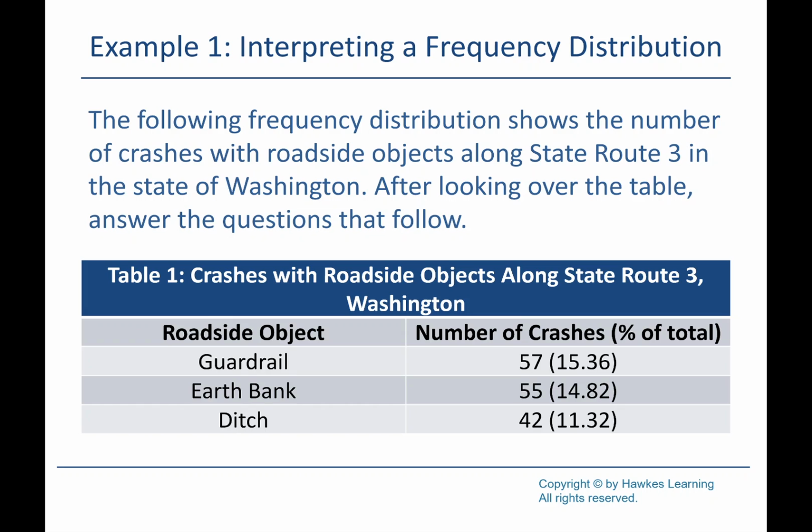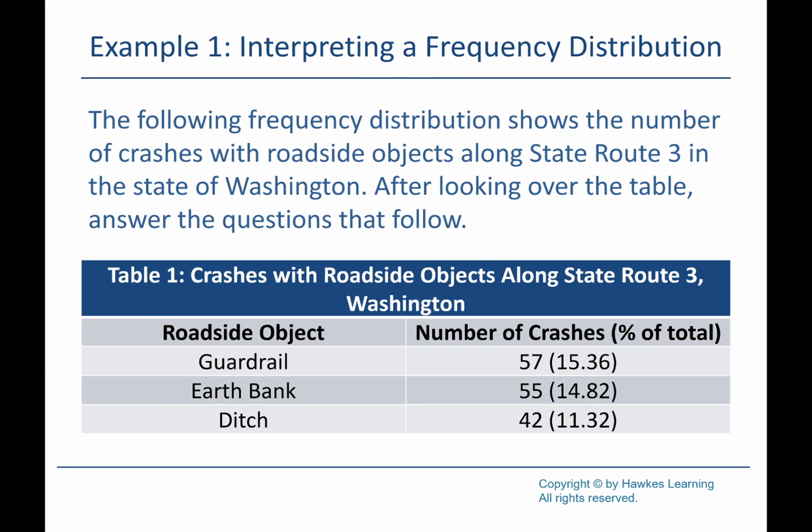And then C asks us how many total crashes the survey covered. So we want to know how many total crashes we had in our data. How could we figure that out? It doesn't give it to us straight away, but we could figure it out. We would just have to add all of our numbers up. These are the counts for each category, so we would just add all those up.